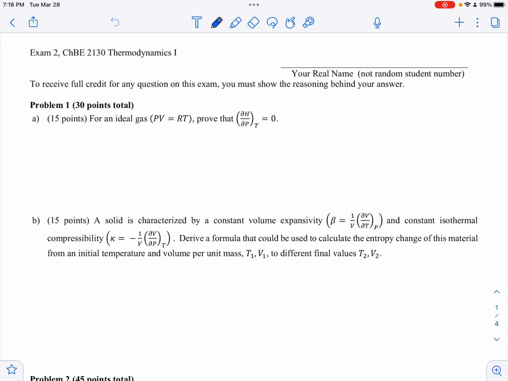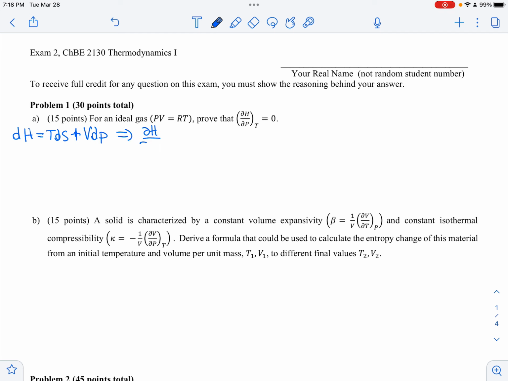So I'm going to start with the fundamental property relation dH equals T dS plus V dP. And I can generate this derivative by dividing through by dP and holding T constant.